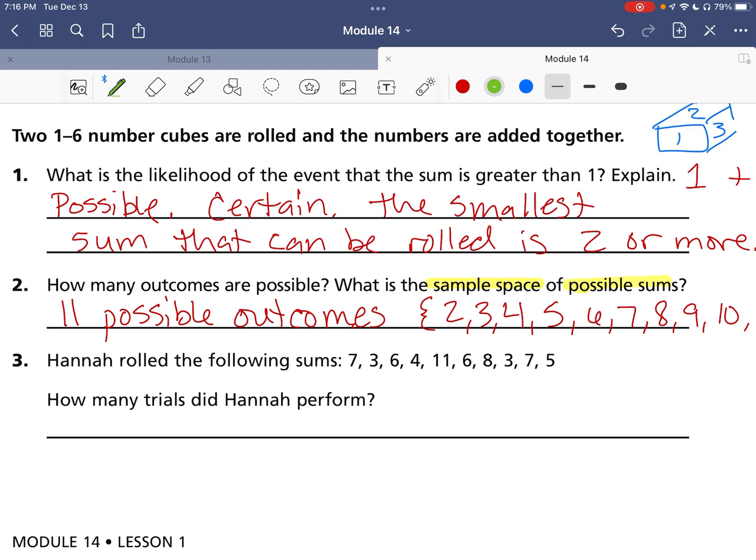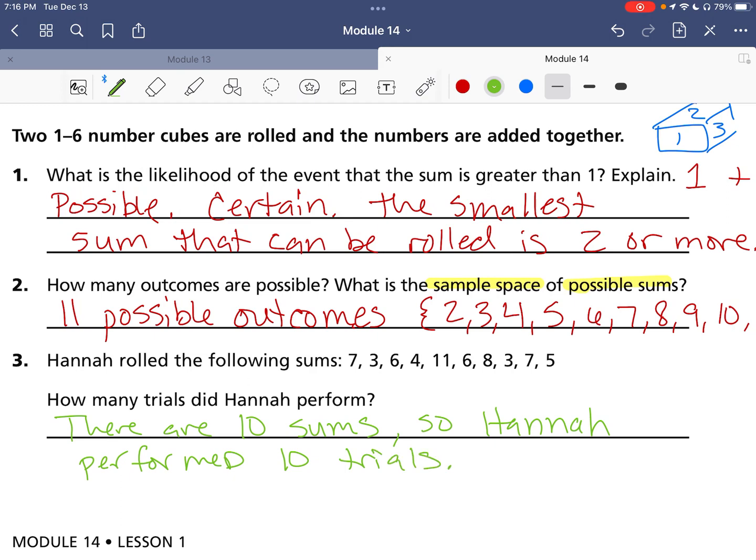And we have 10 trials. There are 10 sums. So Hannah performed 10 trials. So this is just simply the number of rolls would be considered 1 trial.